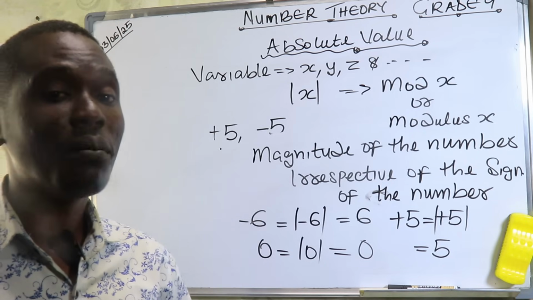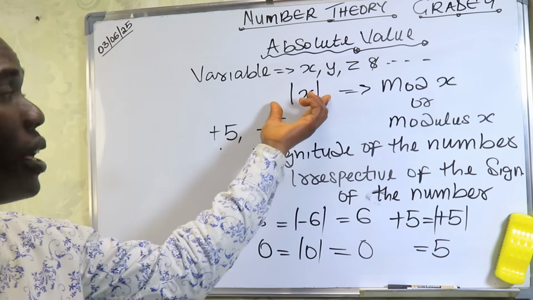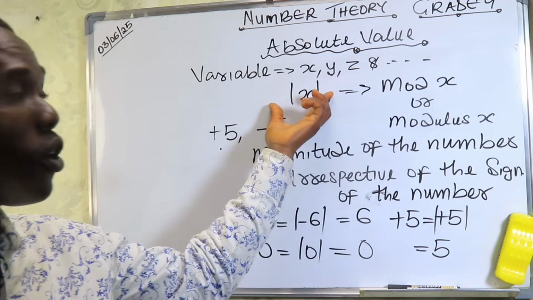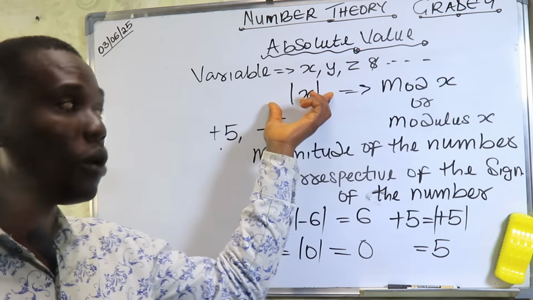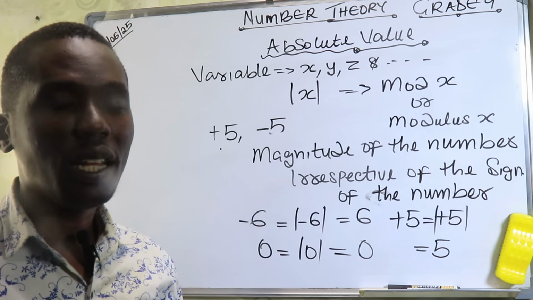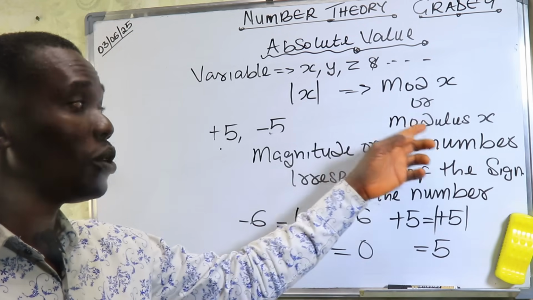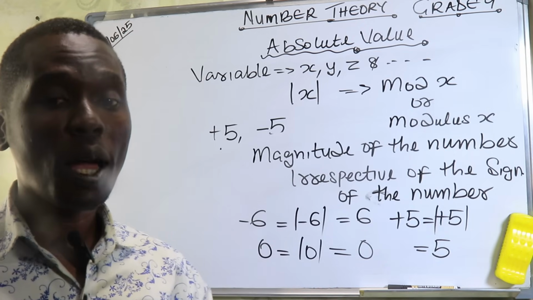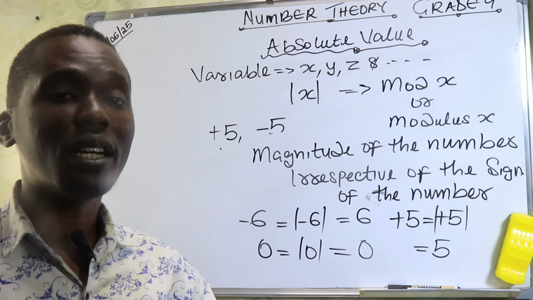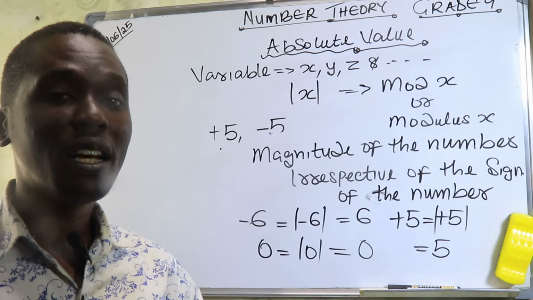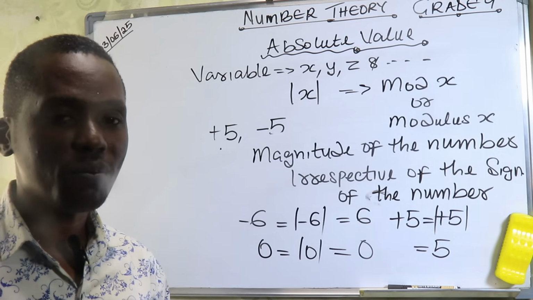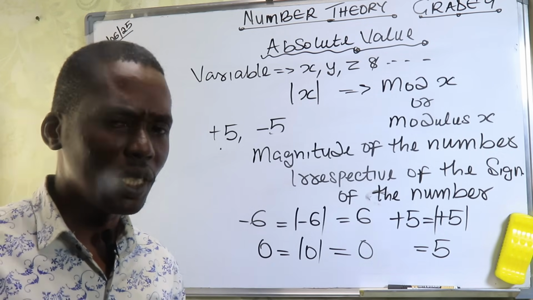We can represent the magnitude of any number with this symbol, which means mod x, or modulus of x in Latin English. And remember what that modulus means? It simply means measure. So that tells us that absolute value is just the measure of the distance of any number from the origin. This is how far we can go in this class.